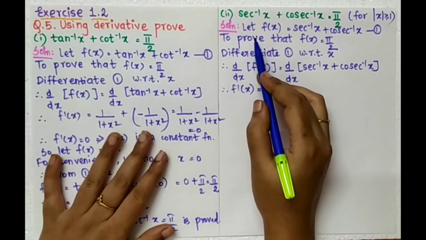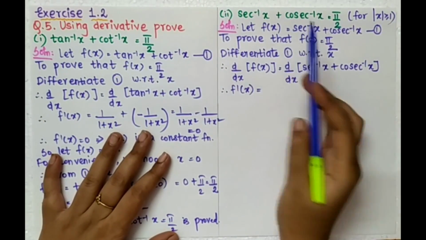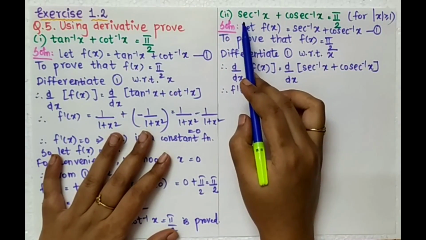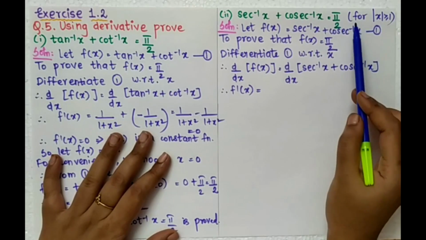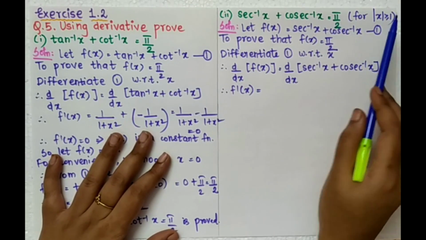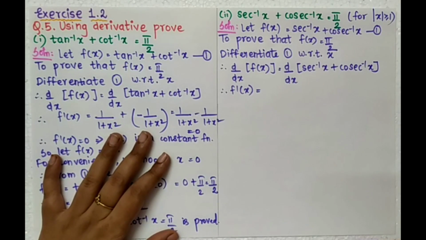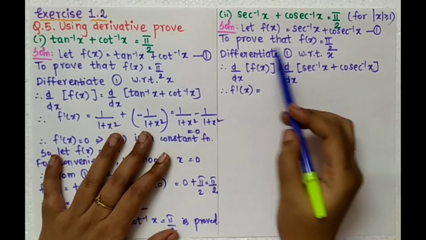So let us solve question number 2 quickly. It says sec inverse of x plus cosec inverse of x equal to pi by 2 for mod x greater than or equal to 1. Already I said you can use any one of the pairs from the formula table.